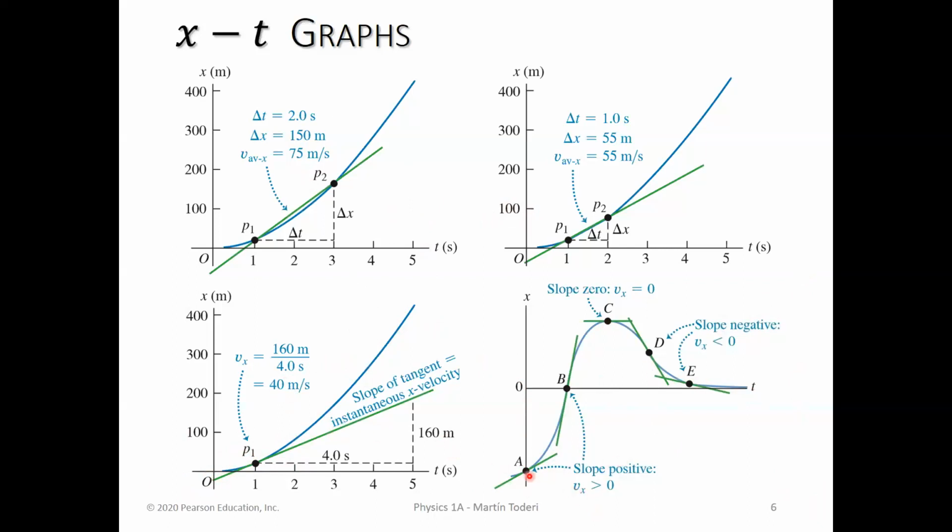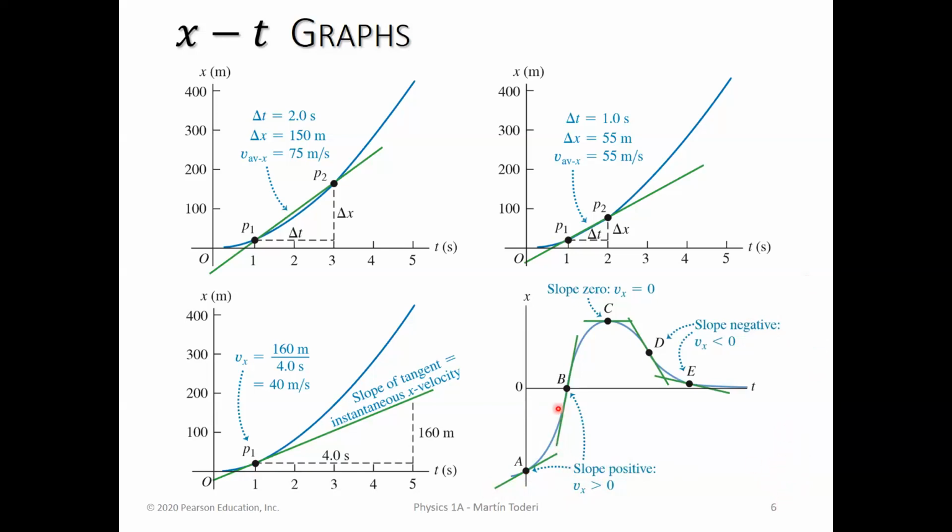So we have at point A, where if we draw the tangent there, we'll see that the slope is positive, meaning that we have a speed which is positive. And that would mean that, let's say, we have a mobile going up, right? So the particle will be moving up if we imagine we have our coordinate axis pointing up, so it's going to be positive, so the particle is going up.